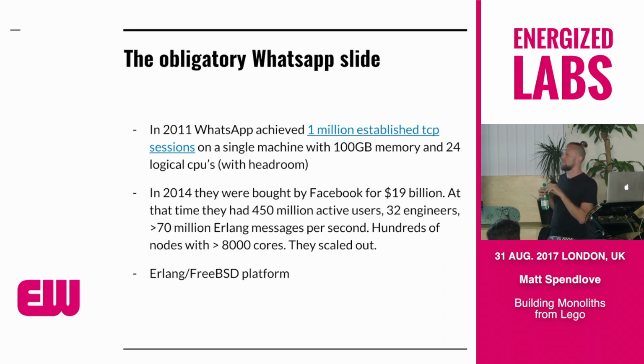In 2014, Facebook paid 19 billion for them. 450 million users, 32 engineers, right? That's pretty low, right? More than 70 million messages a second, hundreds of nodes. By this point, they'd scaled right out, lots of cores, lots of machines. So they'd gone from a single box, right out, and built with a lot of throughput. And obviously, I'm talking about it because it was all built on Erlang. So that's the obligatory slide.